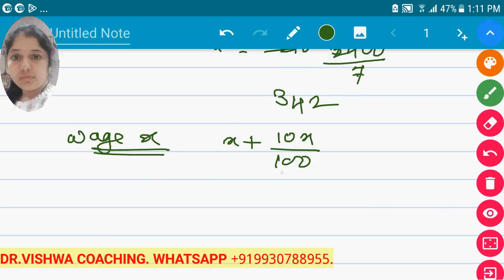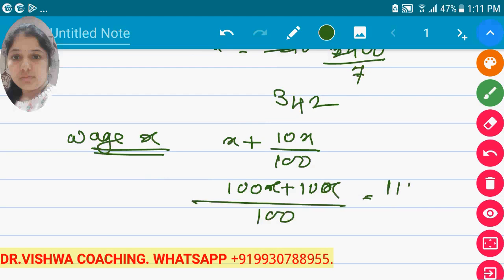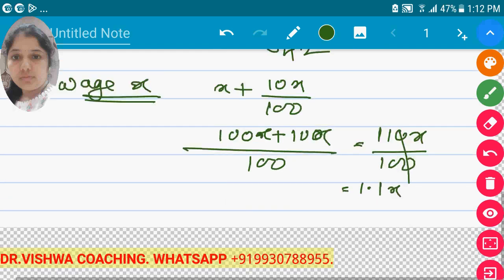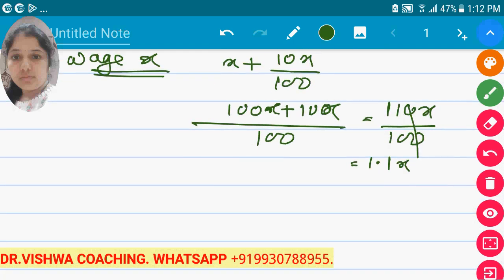So it becomes 100x plus 10x upon 100, means 110x upon 100, means 1.1x.